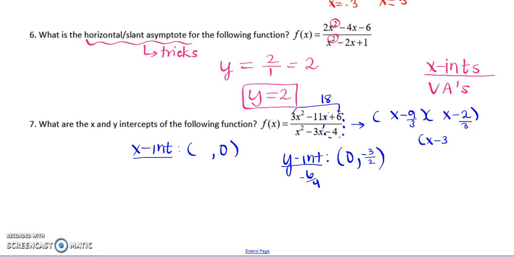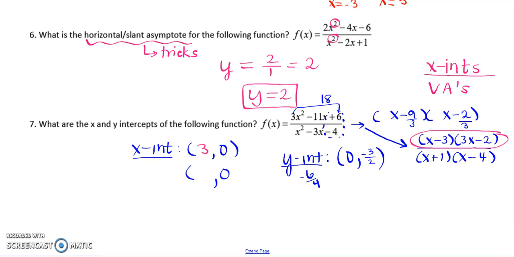So we have (x - 3)(3x - 2) over, I'm rewriting this in factored form, (x + 1), sorry, and (x - 4). Okay, so this is really our factored form for that function. So our x-intercepts are coming from the factors in the numerator that haven't canceled. So we have (3, 0). Okay, and for the other one, when you solve it, you get 2/3. Okay?